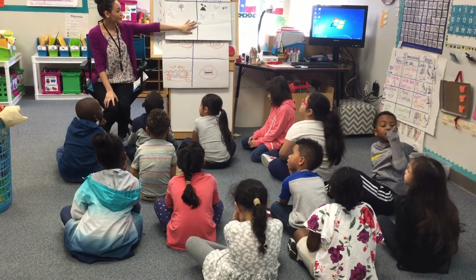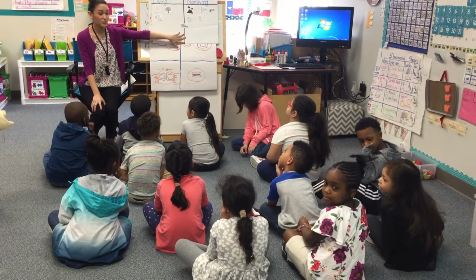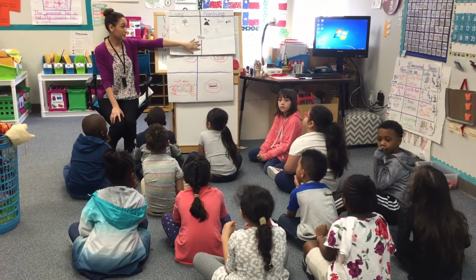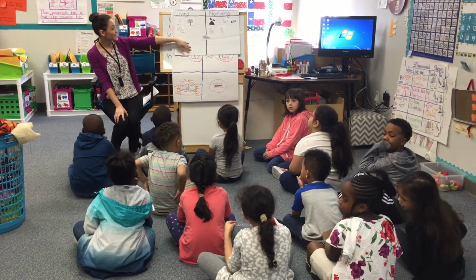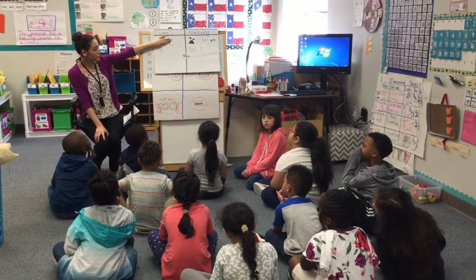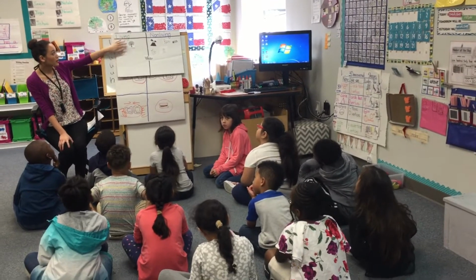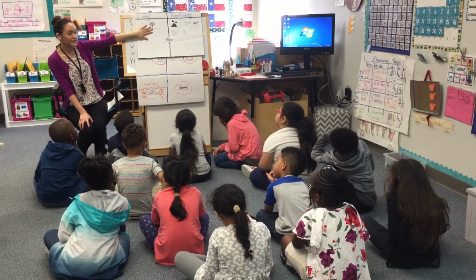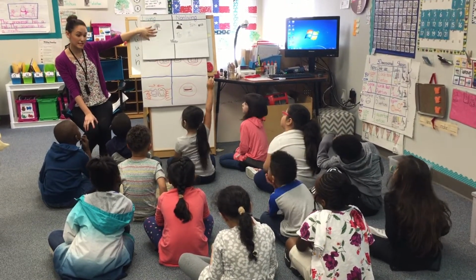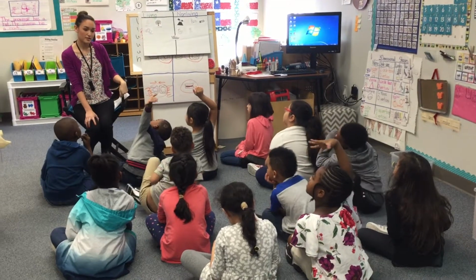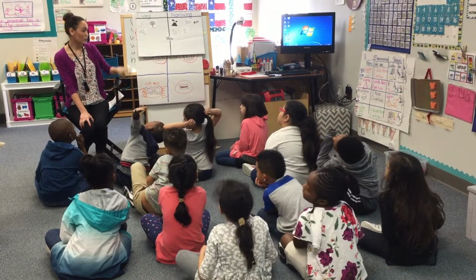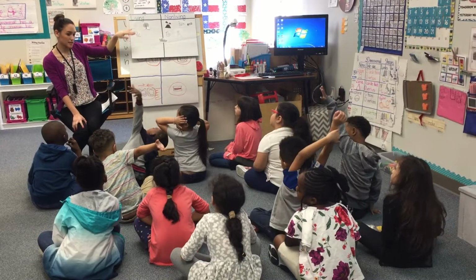So let's go ahead and look at our pictures that we sorted earlier from the pictures on the smartboard. So we said that a bird and a tree and a worm are living things. What do these living things need? Nevaeh, what do these living things need?